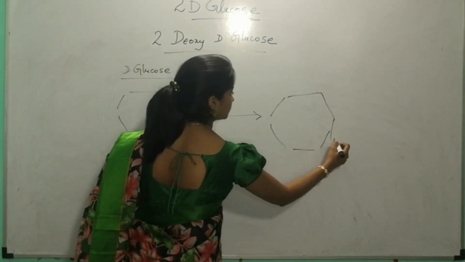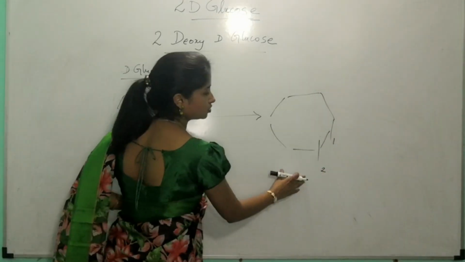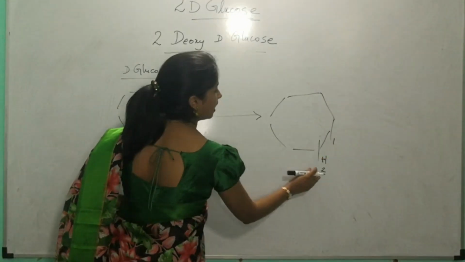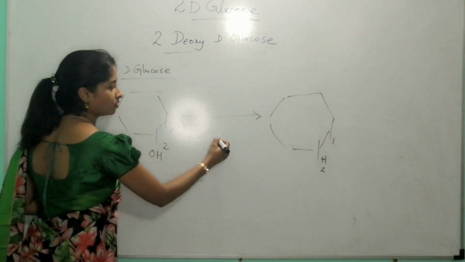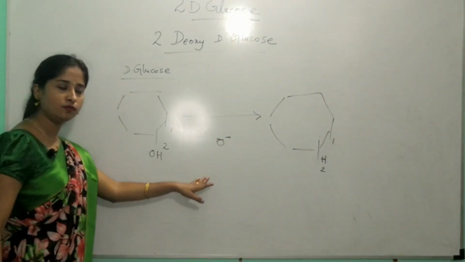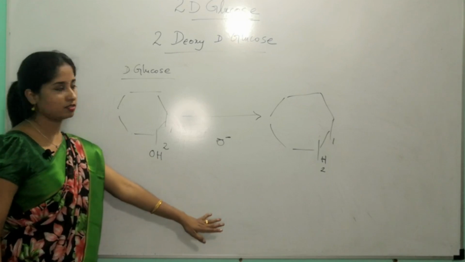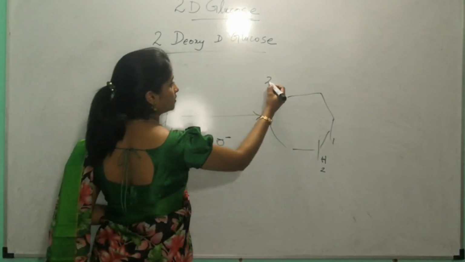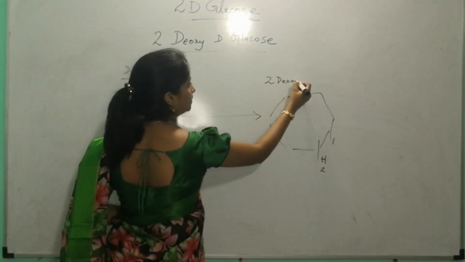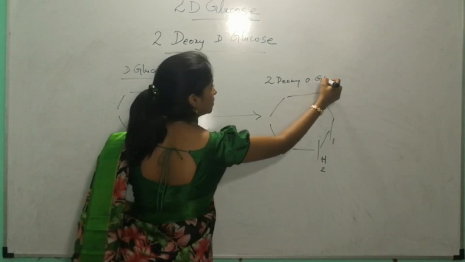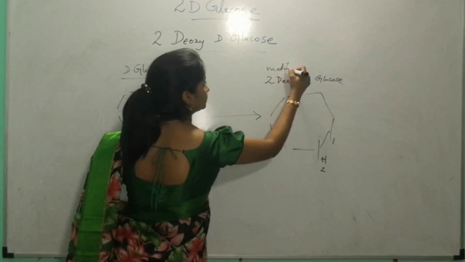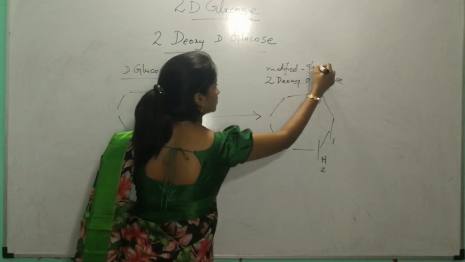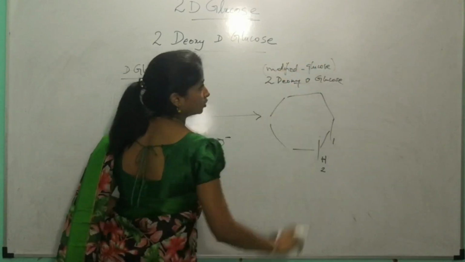The second position has only the hydrogen atom. Okay, so the oxygen has been removed in the deoxygenation process to get a 2-deoxy D glucose. So this is a modified form of glucose.